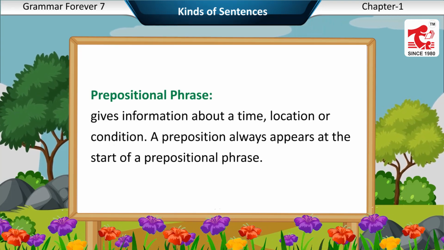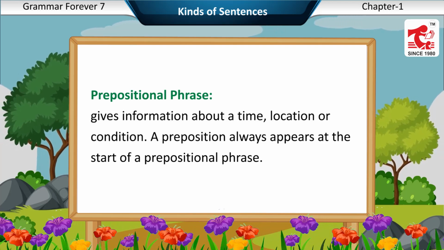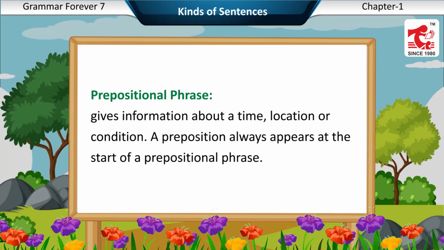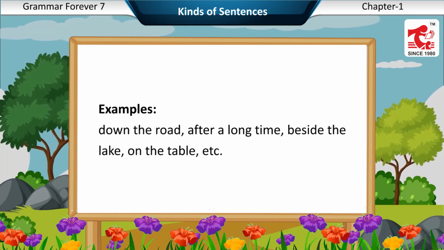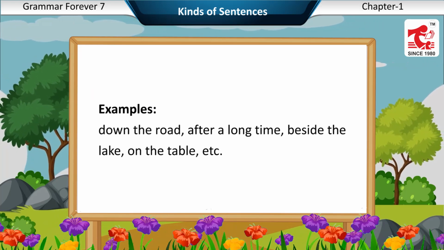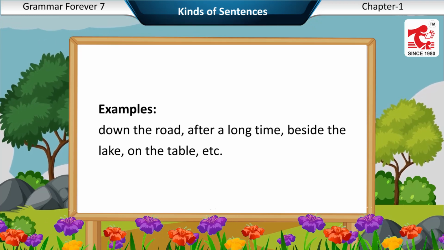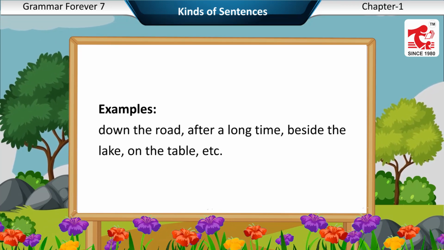Gives information about a time, location or condition. A preposition always appears at the start of a prepositional phrase. Examples: down the road, after a long time, beside the lake, on the table, etc.